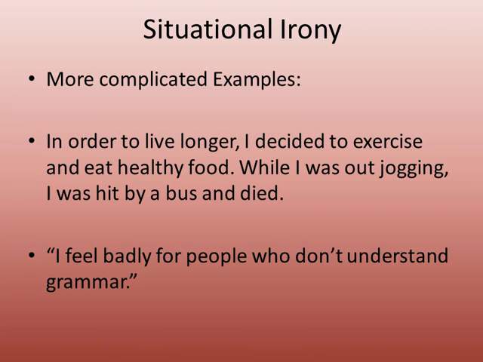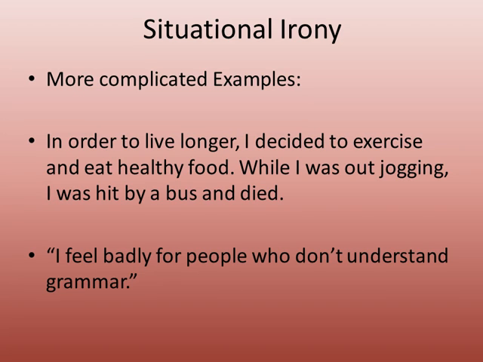Here's a great example. I feel badly for people who don't understand grammar. The reason why this is ironic is because it's a sentence talking about feeling bad for people who don't understand grammar, but the sentence is incorrect. You don't feel badly for people, you feel bad for people who don't understand grammar. If you're feeling badly, you're bad at feeling. So you would be like, I am no good at feeling for people who don't understand grammar.